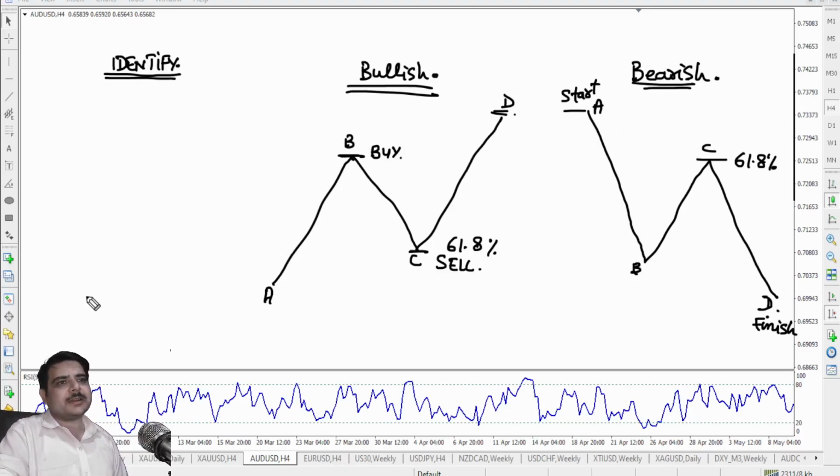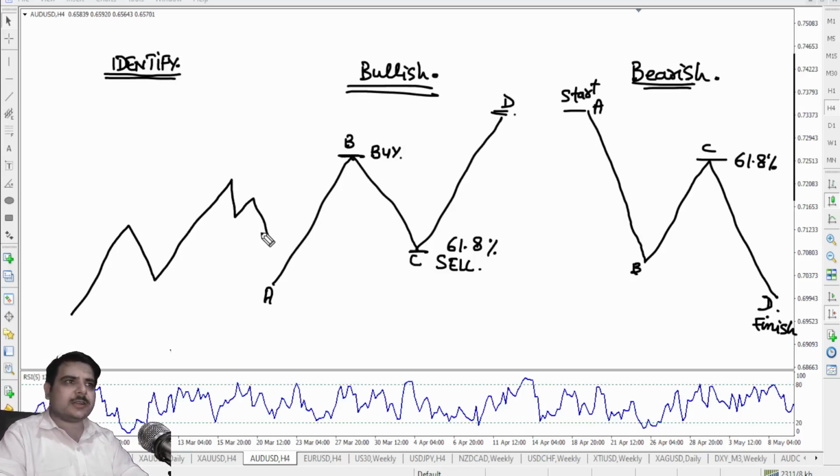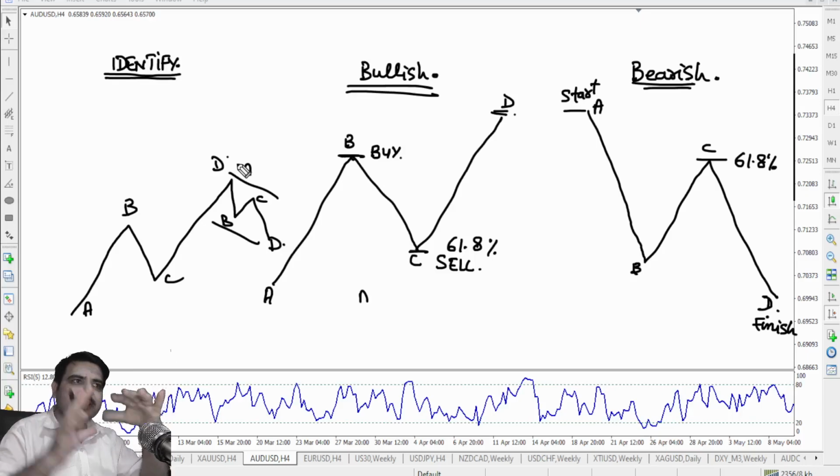Remember, if a market is going like this, at the same time, if we see the pullback, it must also be an ABCD pattern, A, B, C and the D, and at the same time it will be on a bullish wave as well, A, B, C, and that's going to be the D. And these ABCD patterns are repeated each and every day.